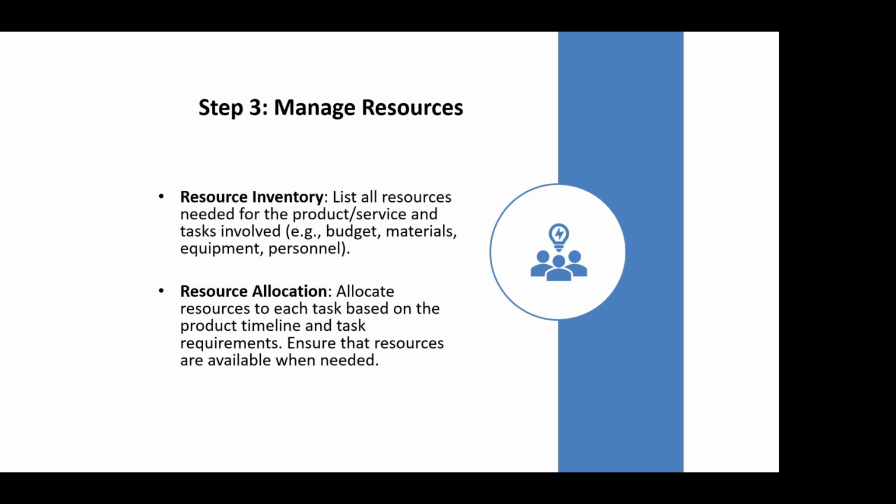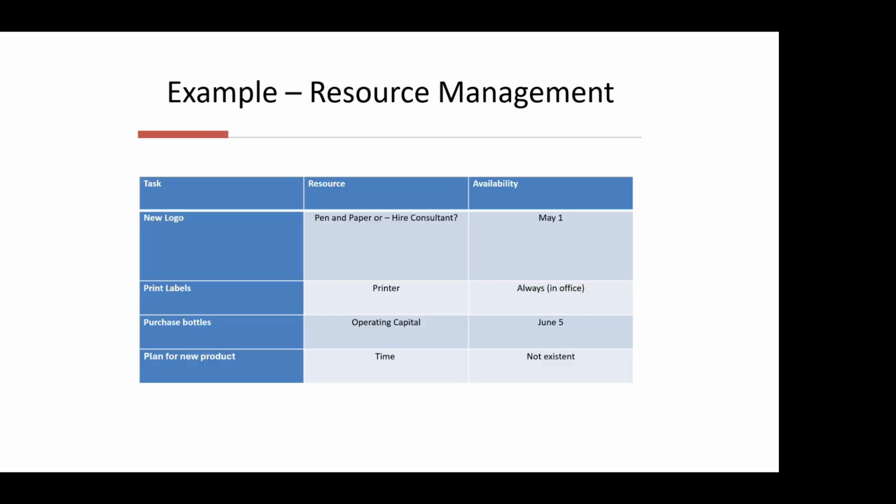So, another matrix, like we're in the habit of looking at matrices. We have some example tasks that need to get done. In this example, at the top, I want to create a new logo. What are the basic, top-level resources I need?